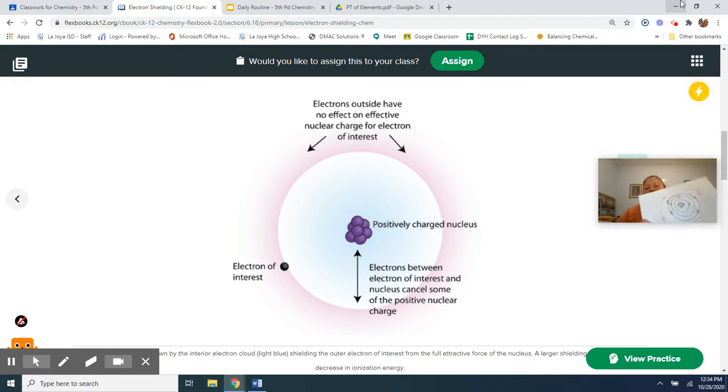This is what we call electron shielding. These electrons on the inside shield those electrons on the outside so that they can easily go away. Does that make sense, guys?